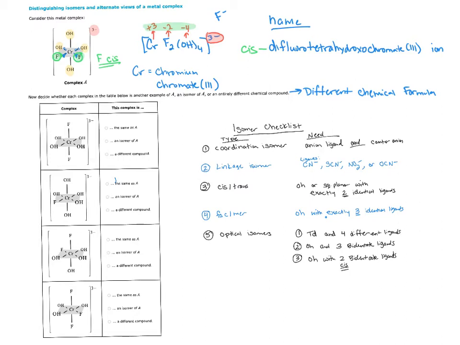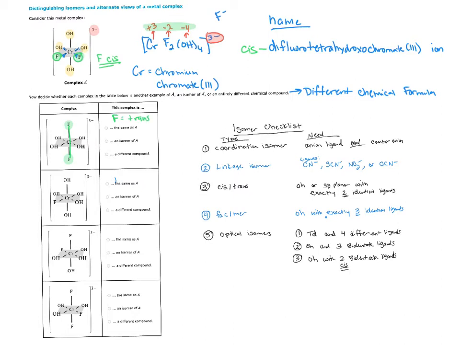Okay, let's look at the first example. So I can see in the first complex, I have two fluoros, and I can see that bond angle is 180 degrees. That means my fluoros are trans.